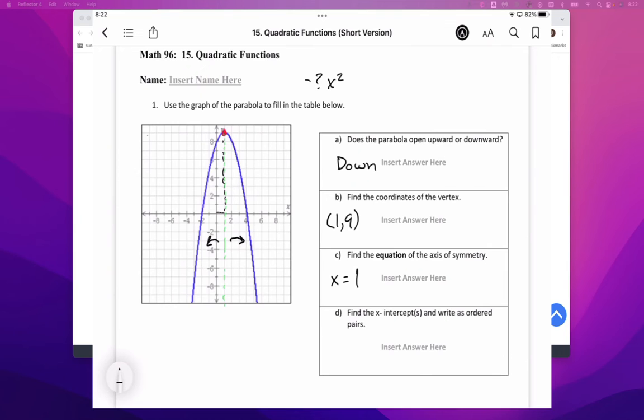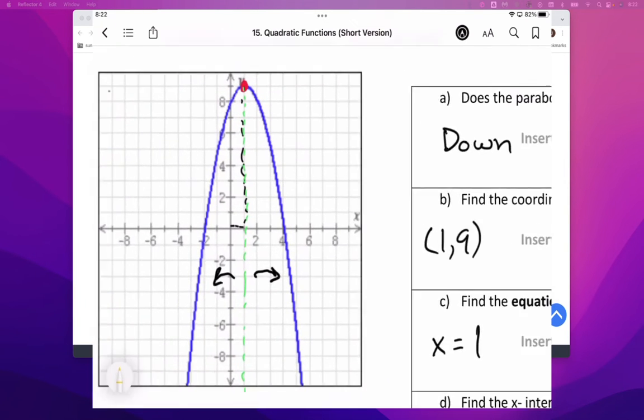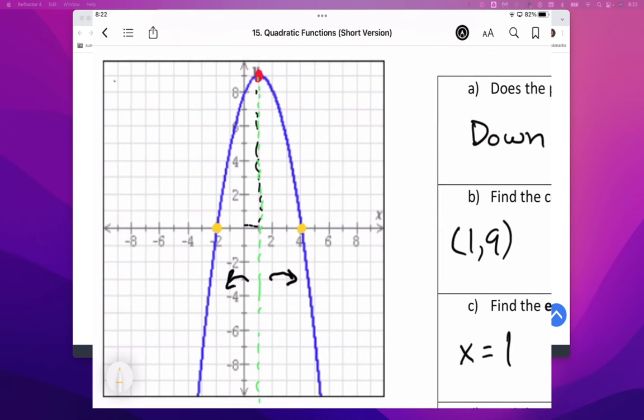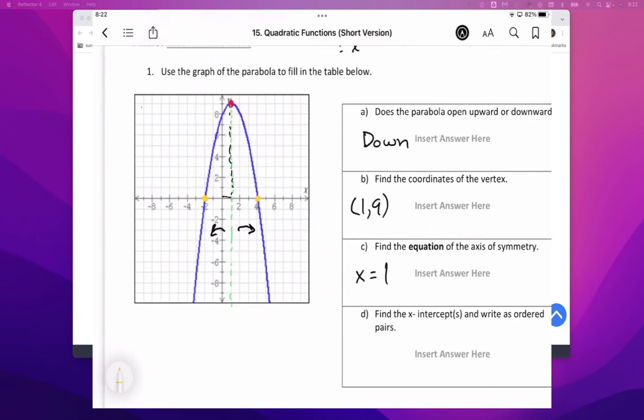We're also asked to find the x-intercept, or x-intercepts, more than 1. I'll mark those in yellow. We can see the x-intercepts, where this thing crosses the x-axis, is right there at 4, 0, and -2, 0. So it's backwards of a y-intercept.